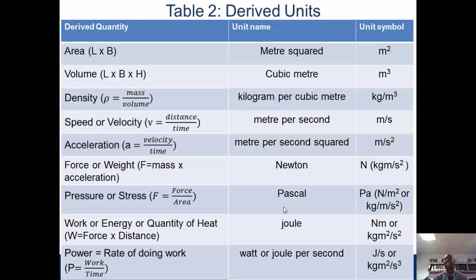So just take note, whenever you are doing your calculation for force or for any of the derived units, make sure you use the SI unit for the individual components in the computation. If you use the SI unit, you can arrive at the final answer and simply say, for force, my unit is Newton. For pressure, my unit is Pascal. For work done, my unit is Joule. For heat energy, my unit is Joule.